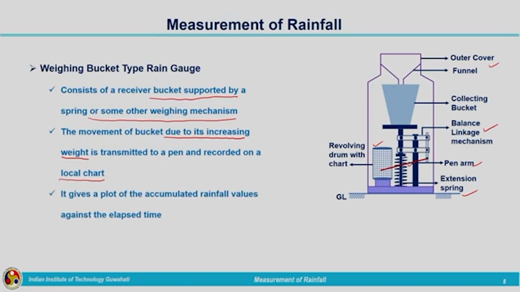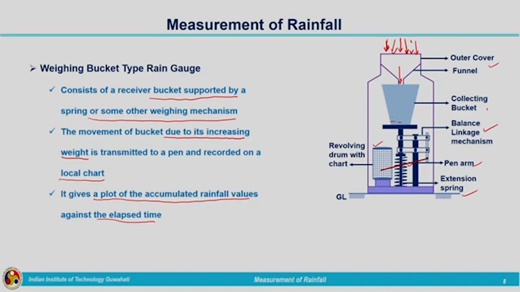When the pen is recording the details, it will give us a plot of the accumulated rainfall values against the elapsed time. Here you can see we have the bucket, and the rainfall collected will be entering through the funnel into the bucket.